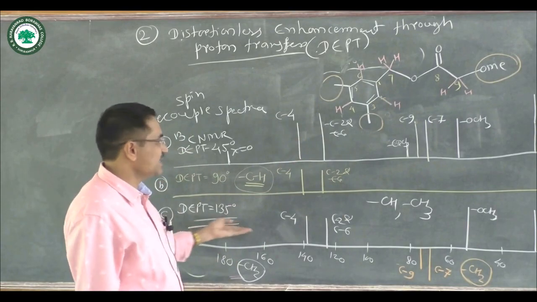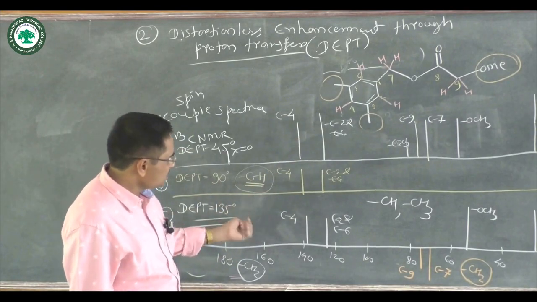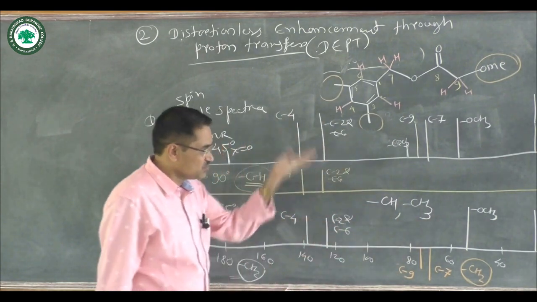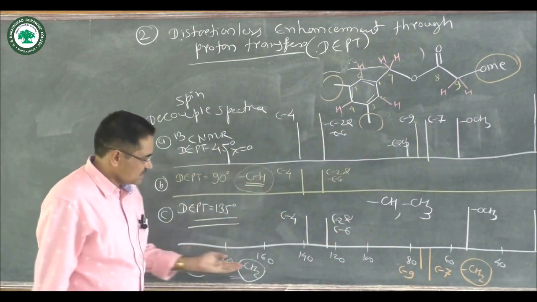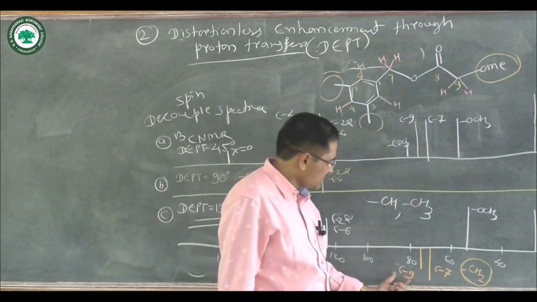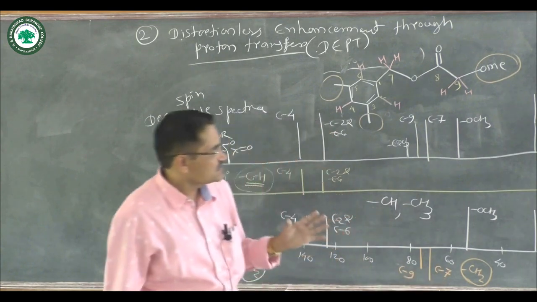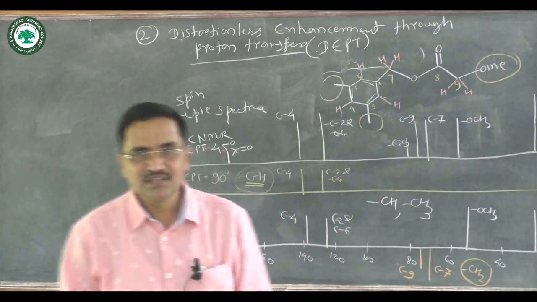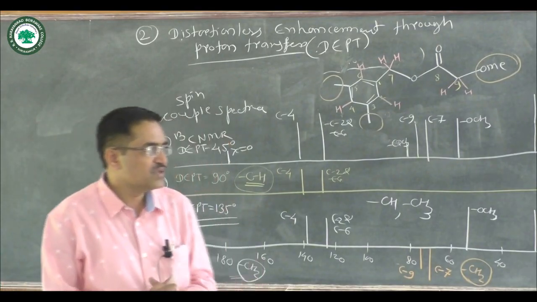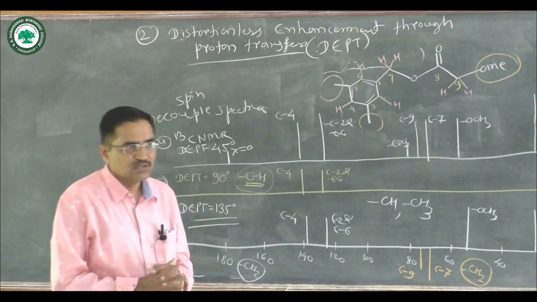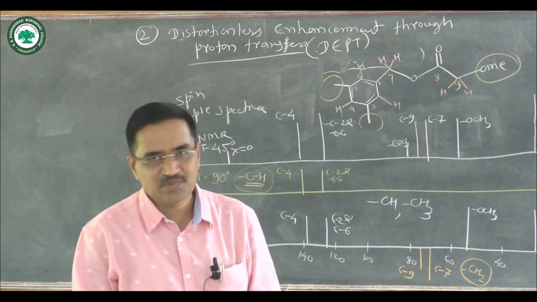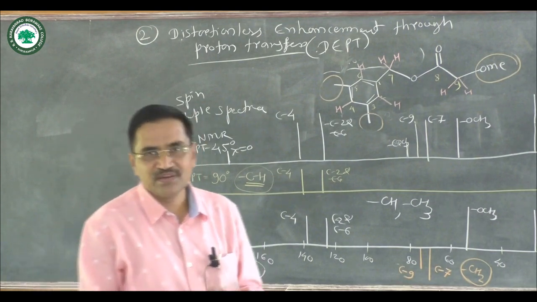In DEPT 135, we observe CH as well as CH3 on the upward or positive side, but CH2 is observed downward, here C9 and C7. Hence APT and DEPT are very important to simplify the complex 13C NMR spectra. Okay, we will stop here. Thank you.